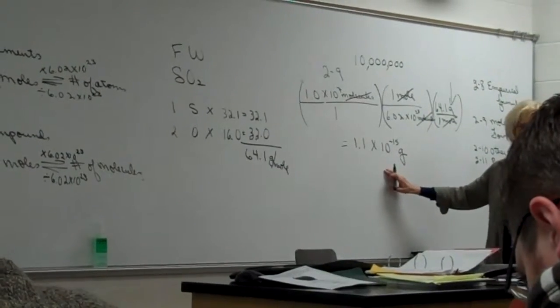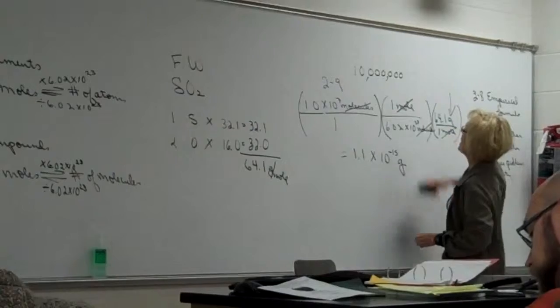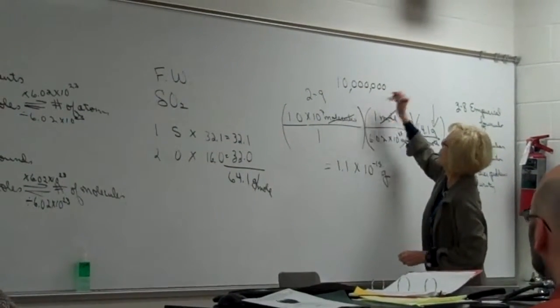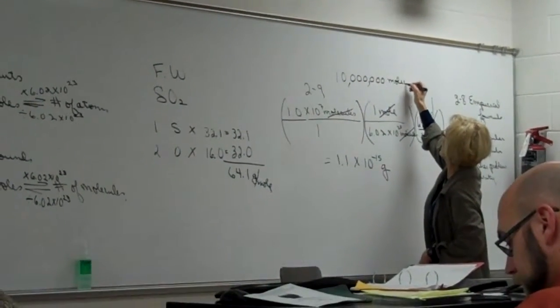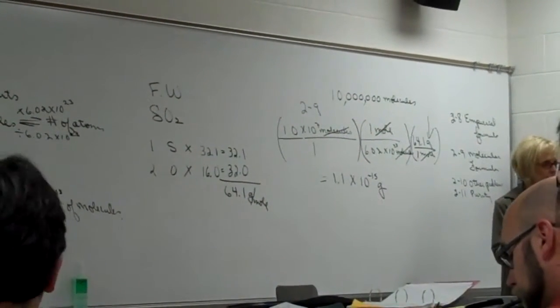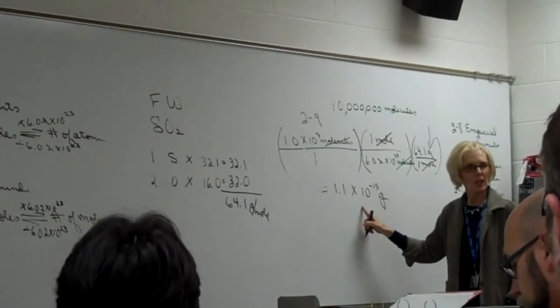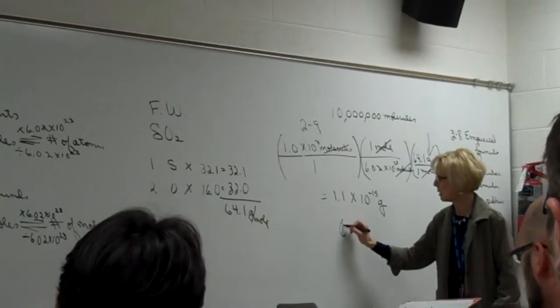Now, I want you to think about this. We've got this many million molecules. Let's go ahead and write that. 10 million molecules. That sounds like a huge number, doesn't it? Look at the mass.